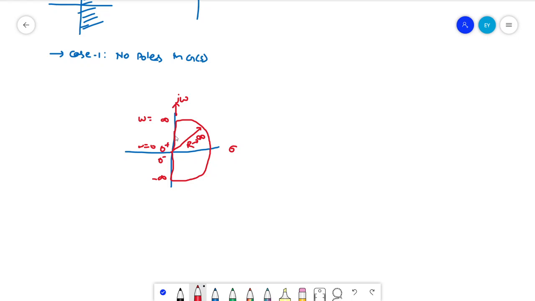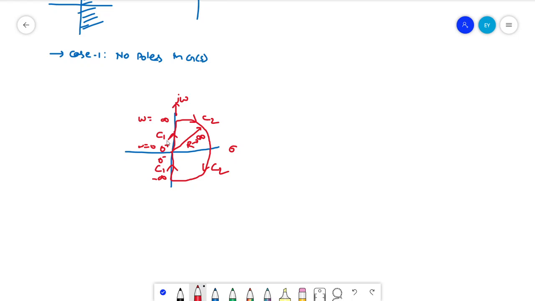Here, since there are no poles, we'll be dividing this whole thing into 2 sections. This is one section C1, and this is another section C2. Irrespective of the plane, whether it is a negative plane or positive plane, we'll be considering the whole right hand side as C2 and the whole imaginary axis as C1. Okay, so these are the 2 parts.